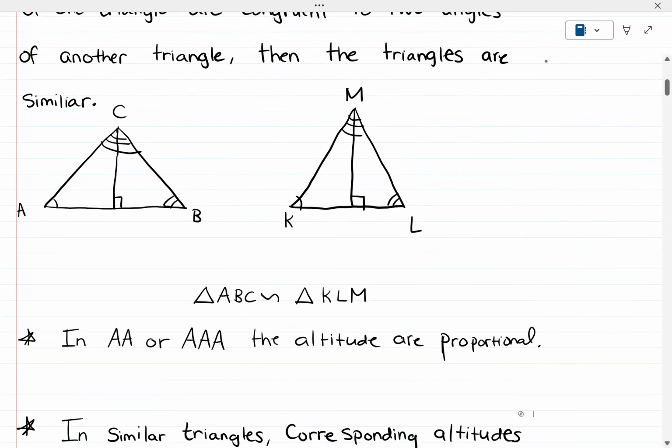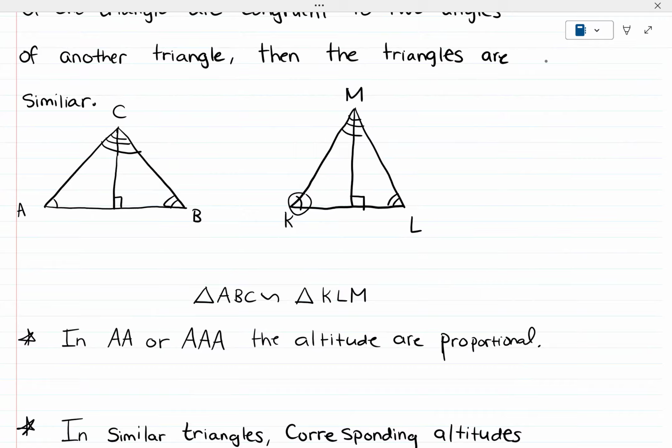If you look at this, triangle ABC is similar to triangle KLM, because it looks like there are three angles that are congruent, but you just need two angles in order for two triangles to be similar. You see this one tick mark?